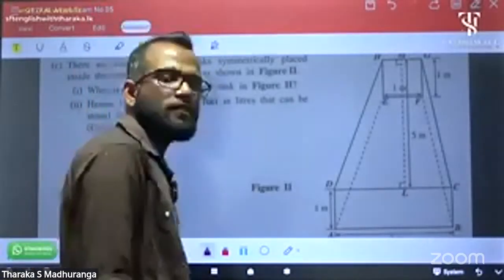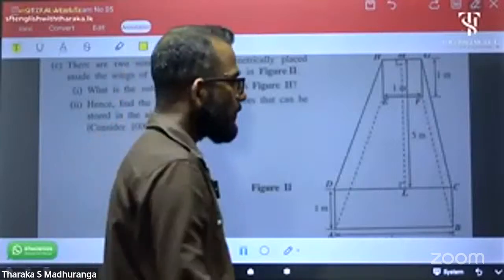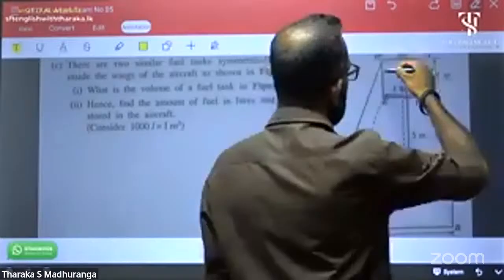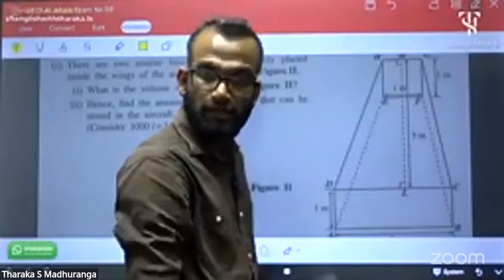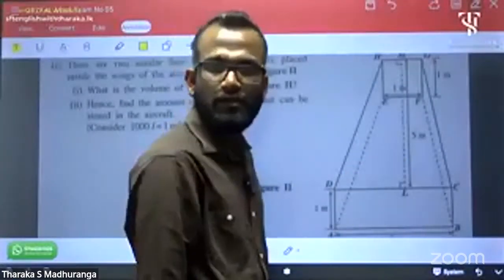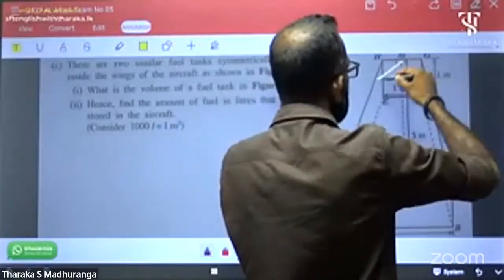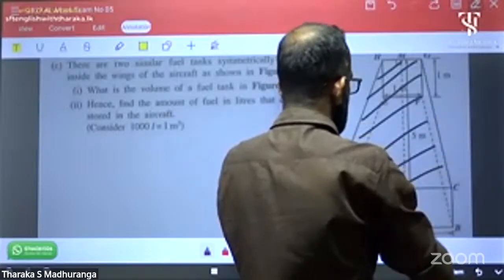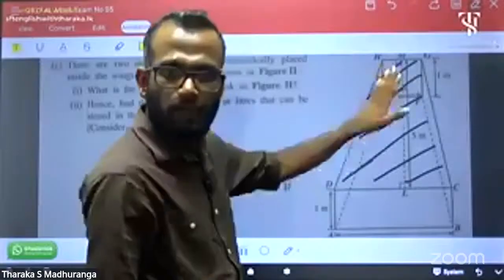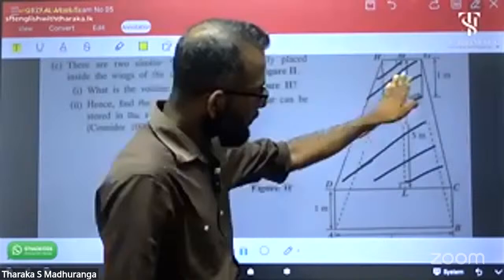No, actually it is a uniform cross-section object. Why? If you go upward, it is not uniform, that's correct. But think of this cross-section; this area is the same until the bottom layer.